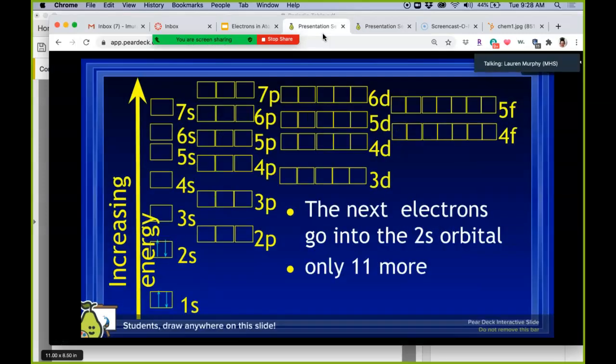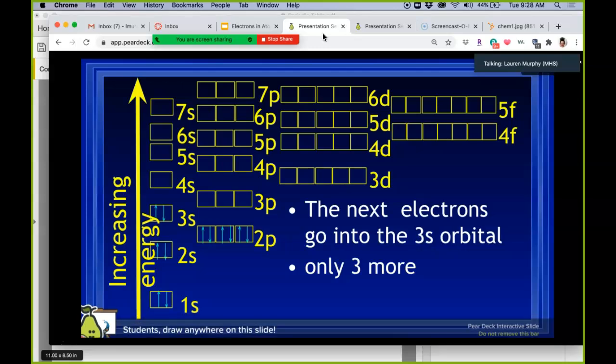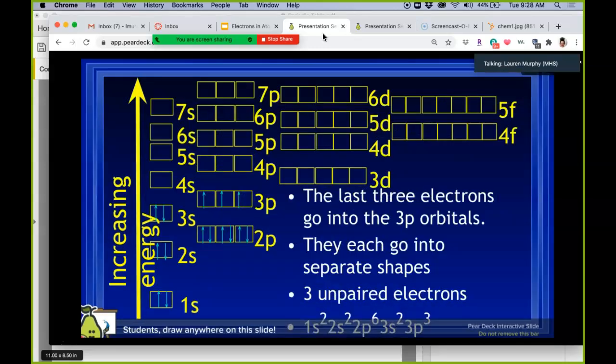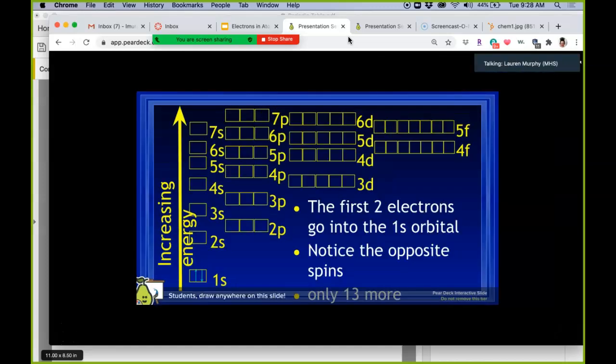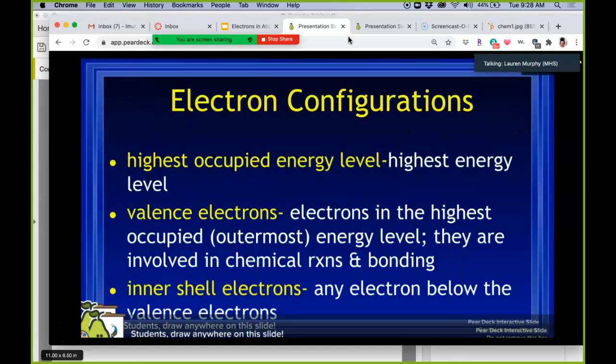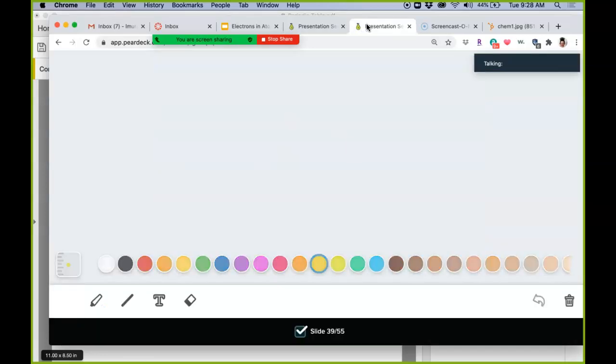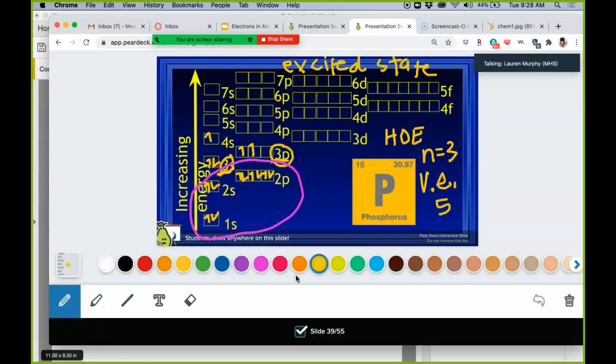Okay, so these slides just show me filling in the electrons like I just did. Now, here's what's cool about this: we can go back and you can read what you've done. So I'm going to go back to my drawing, and electron configuration.